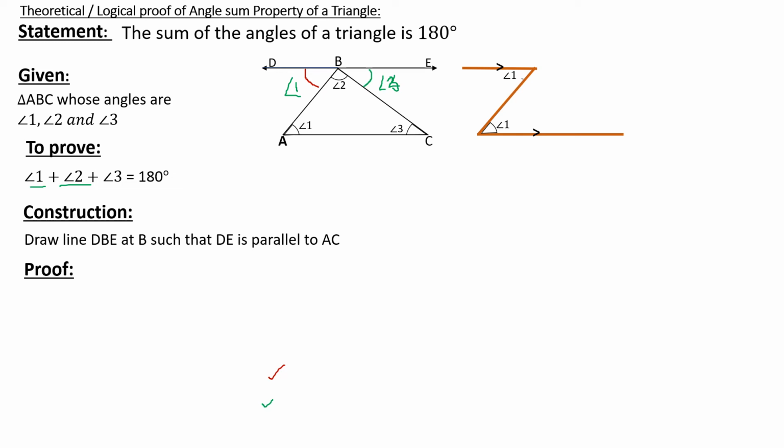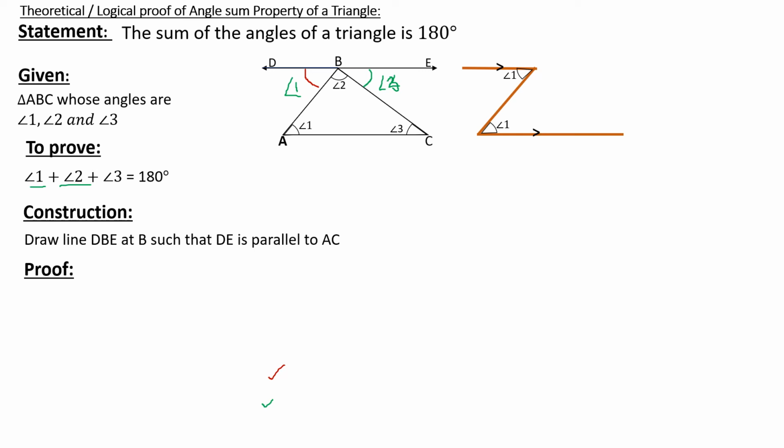Both the lines are parallel. So this angle and this angle are alternate interior angles. Since this is 1, this is also 1. Why? Alternate interior pair of angles, AIP, as we say it shortly. They are equal if and only if the two lines are parallel. Here the lines AC and DB are parallel, so these two are equal.